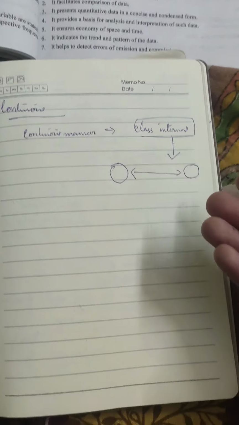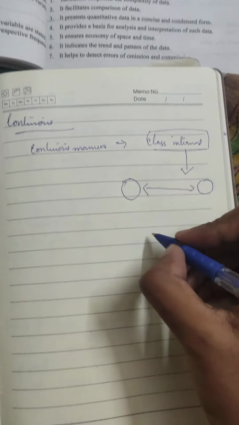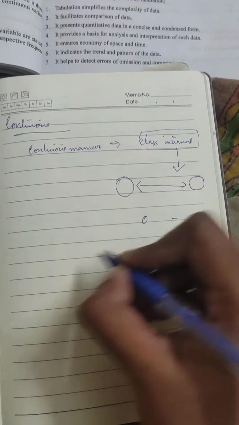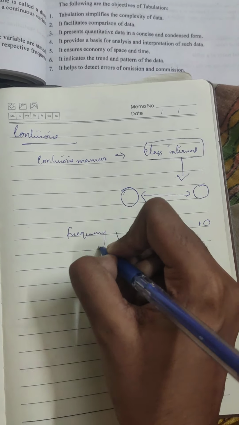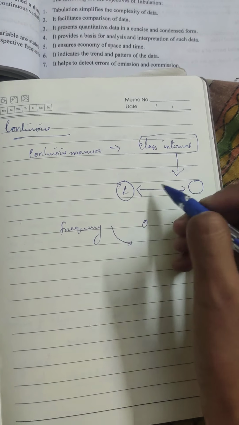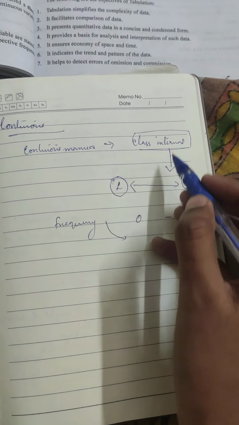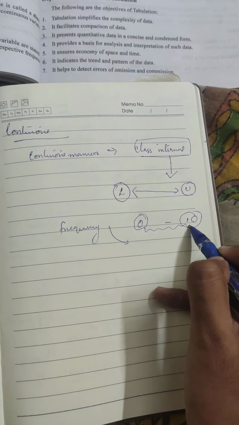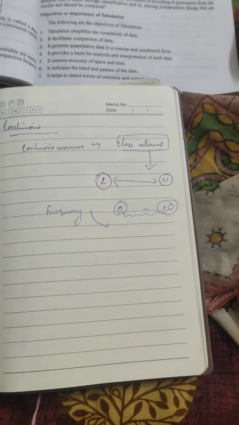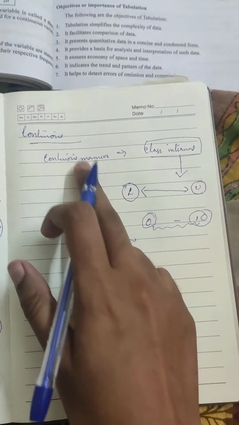Say for example, I'm telling those students who scored marks between 0 to 10, I'll write down the frequency. So there is a lower limit and an upper limit, and the difference is your class interval. The students who fall within these intervals, and the frequency that you write, make up a series called continuous series.